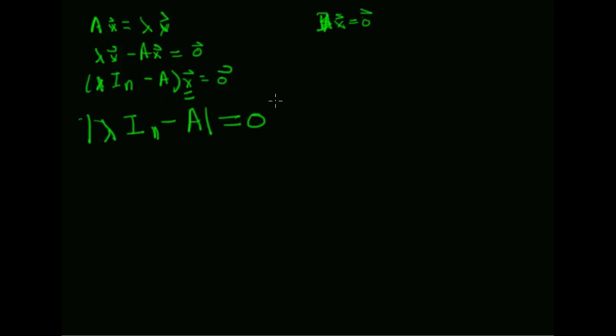All right, so this gives me a bit of a theorem here. What we're going to say is, number 1, lambda is an eigenvalue if and only if the determinant of lambda times I_n minus A is equal to 0.